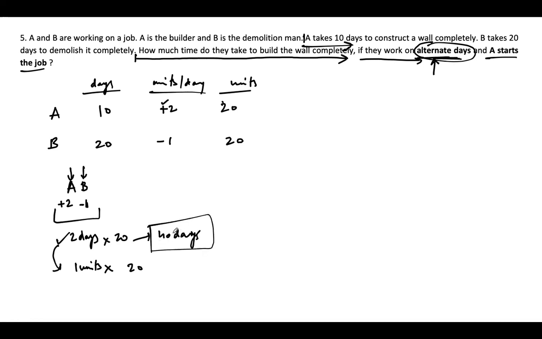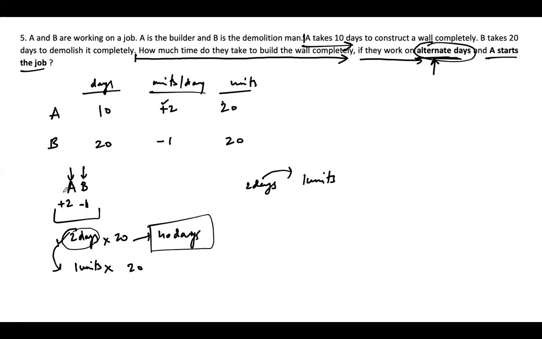All right. Astha, Harsh. I don't get that 2 into 25. 2 into 20. So I'm saying in 2 days, you're doing 1 unit together.